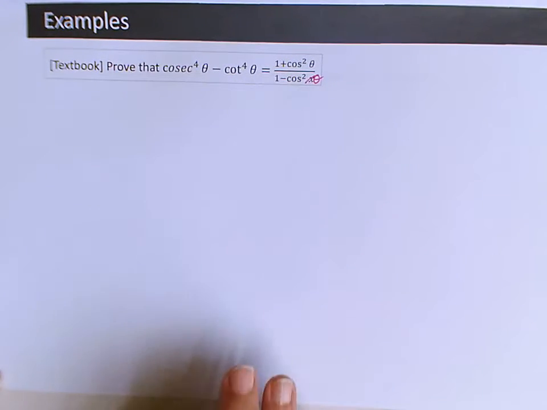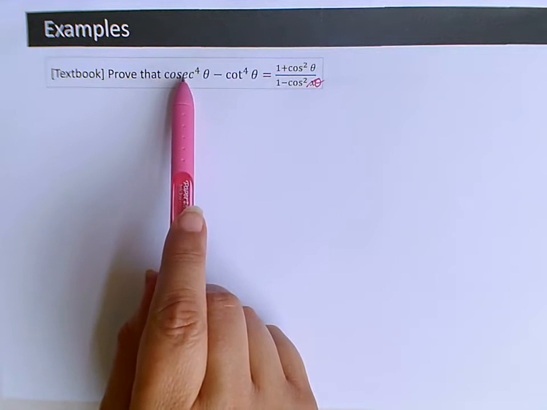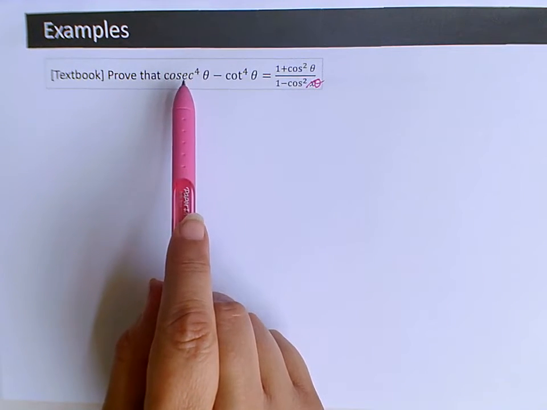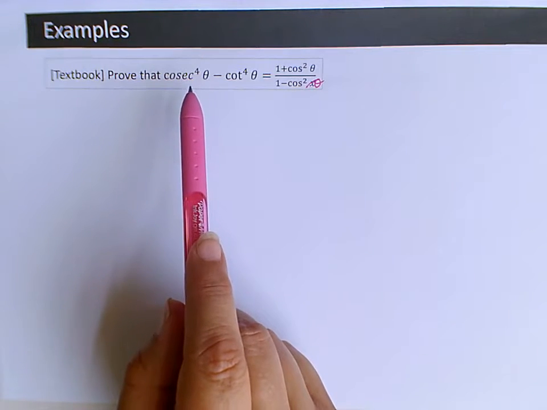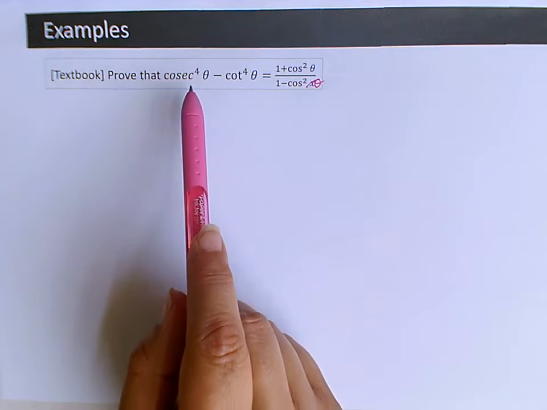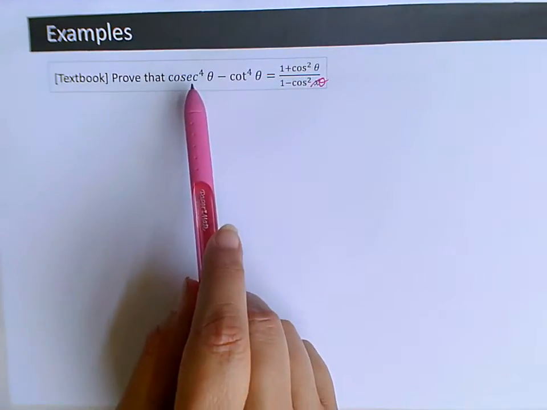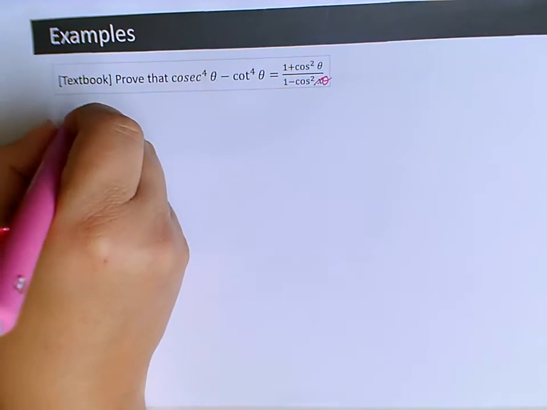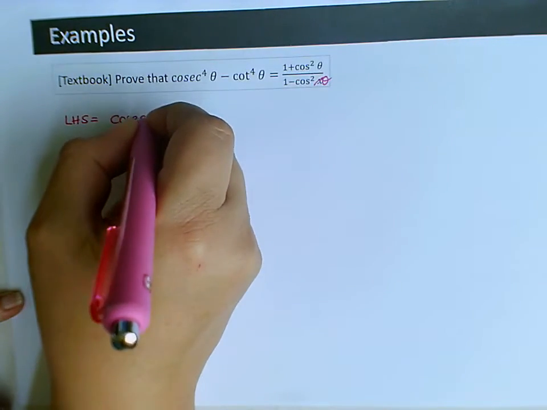Now, looking at this, here I have something to the power of 4, and actually all of my identities that I know are all about squareds, if we think back. So I would like to somehow factorize this, and what I do notice is that this is actually the difference of two squares.